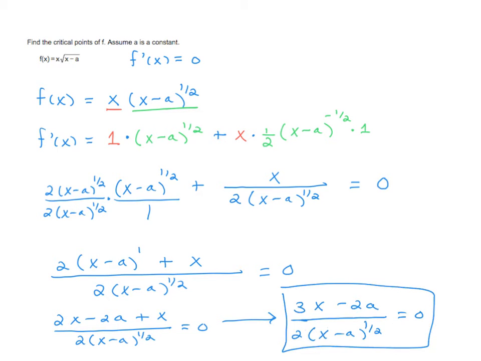I think from here it'll be easy to solve this equation. A fraction is equal to 0 if the numerator is equal to 0. So what I'm going to do is ignore this denominator, and on the next slide, I'm just going to write 3x minus 2a equals 0. Again, that's because a fraction equals 0 if the numerator is 0.